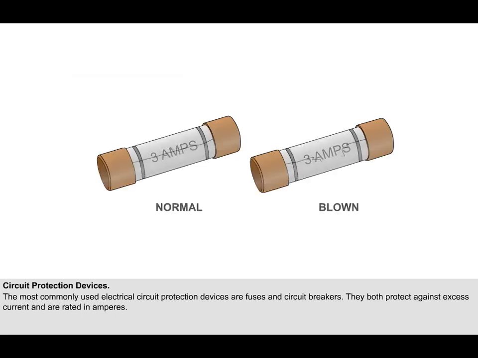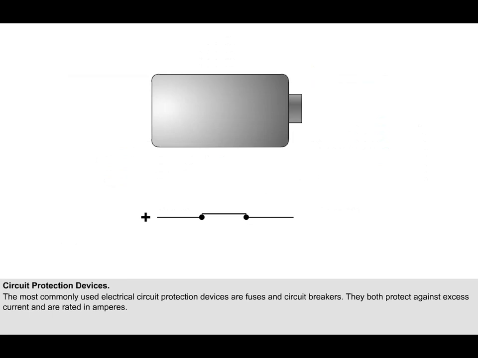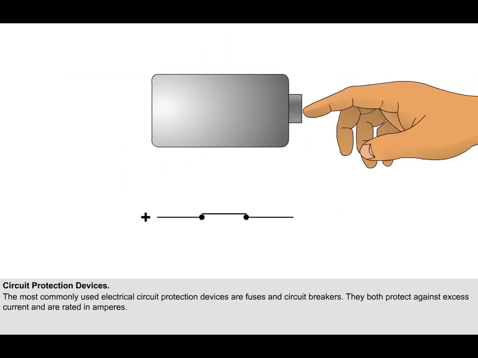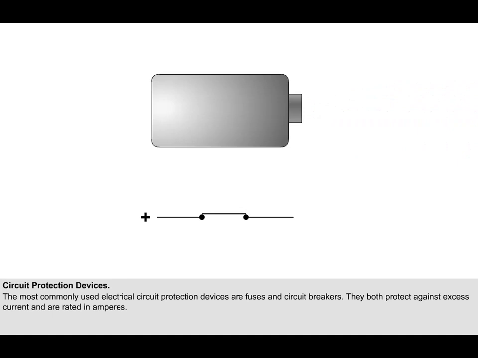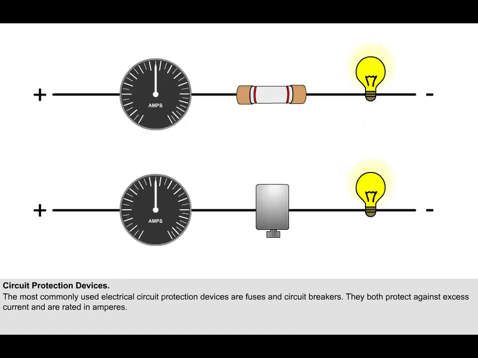A fuse is said to have blown when its conducting element melts. A circuit breaker is said to have tripped when its contacts move apart, breaking the circuit. The difference in the type of protection provided by fuses and circuit breakers is in their time of operation, relative to the attainment of maximum fault current.